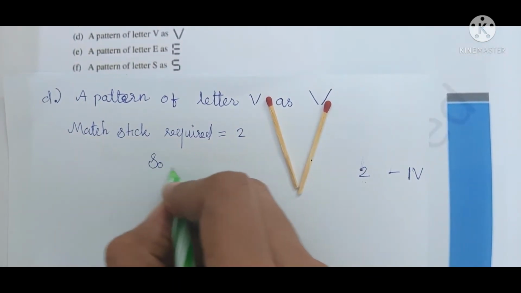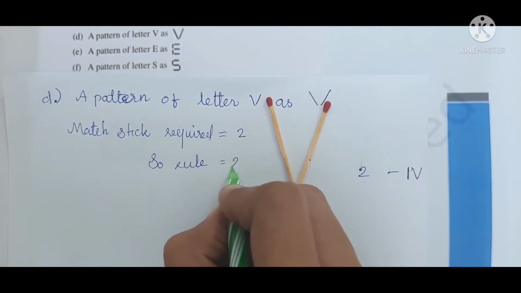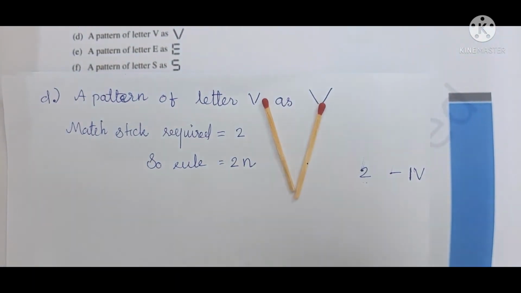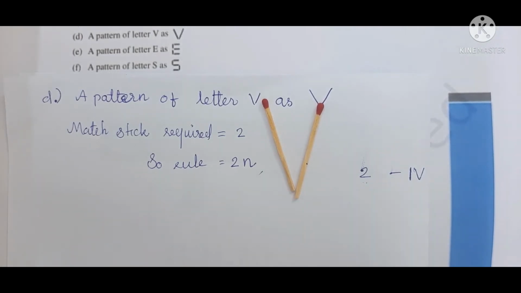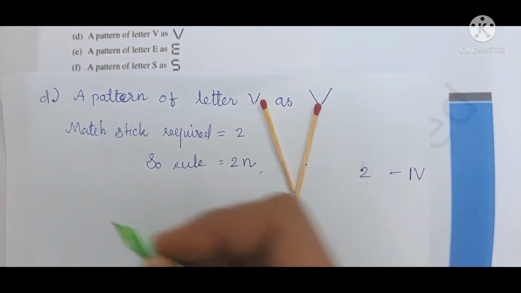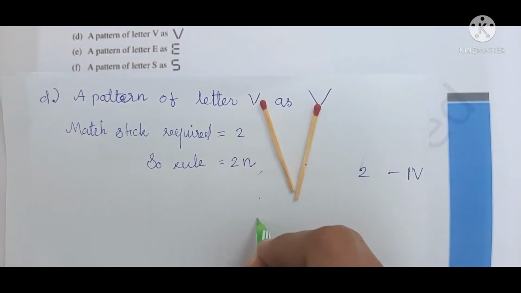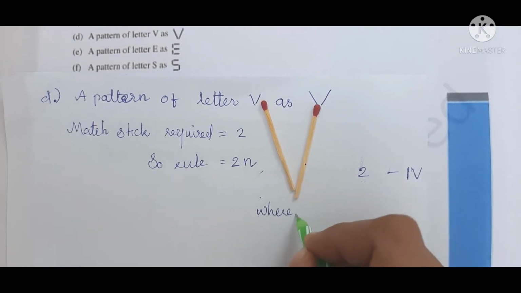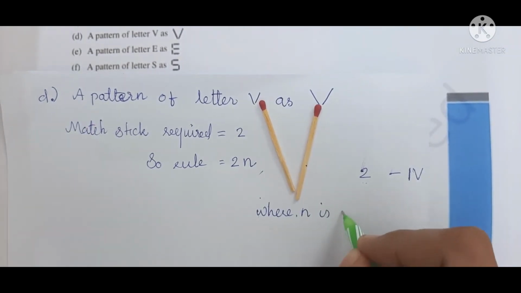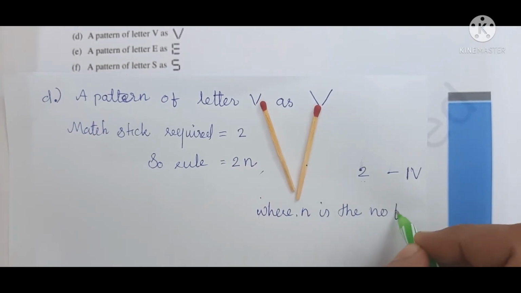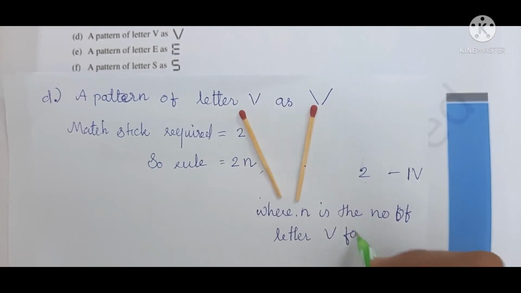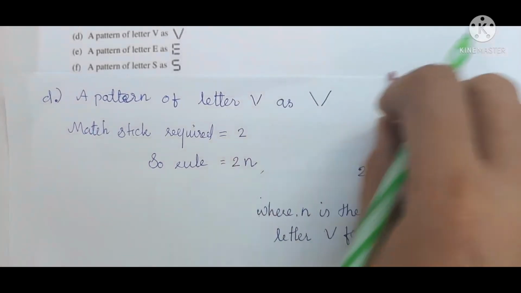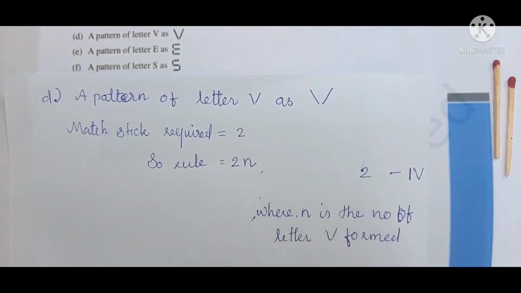Okay, so the rule will be 2n, because we need 2 matchsticks for making 1 V. Here n is the number of letters we formed, that is n.